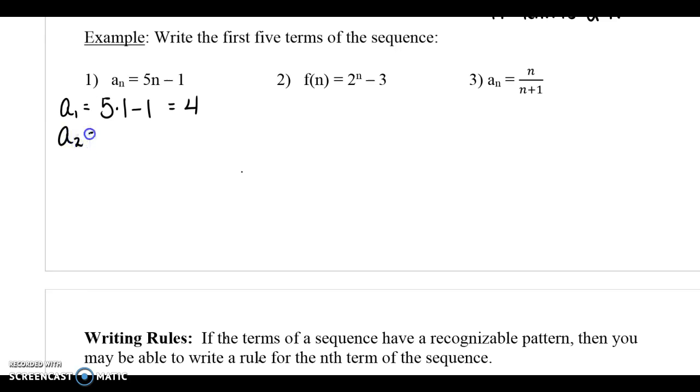A sub 2, the second term, would be 5 times 2 minus 1. So notice, whichever term number we're using, that's what we plug in place of n. This would be 9.